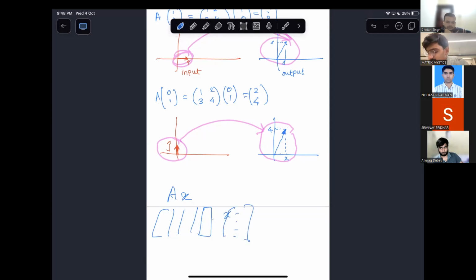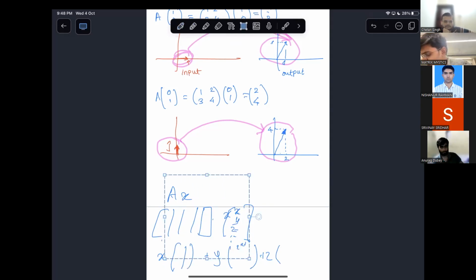We can represent this multiplication as x times the first column plus y times the second column. This is the column view, so we can call this the column picture.